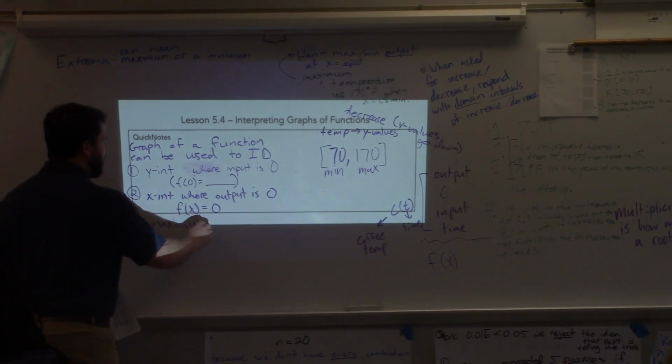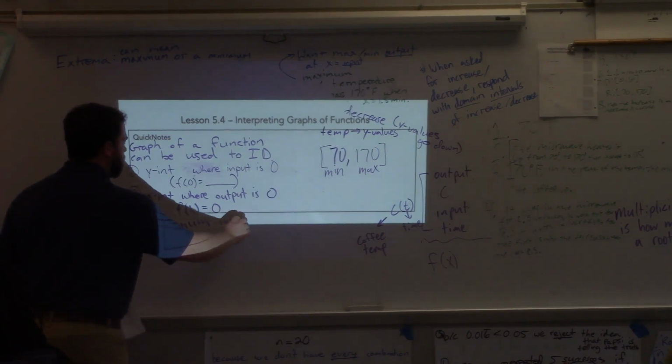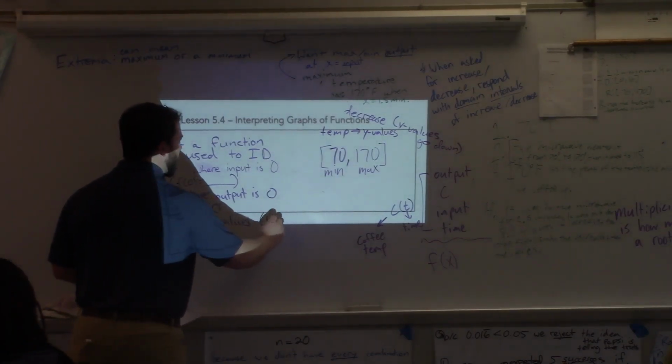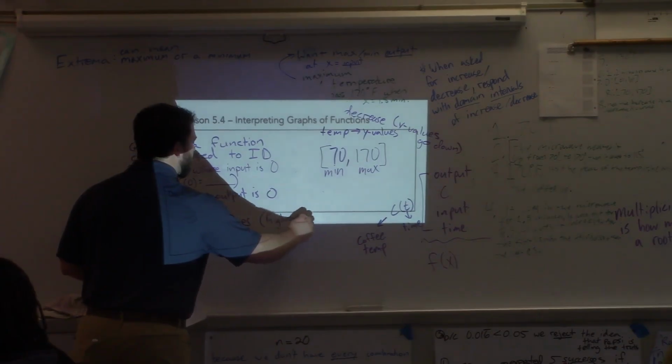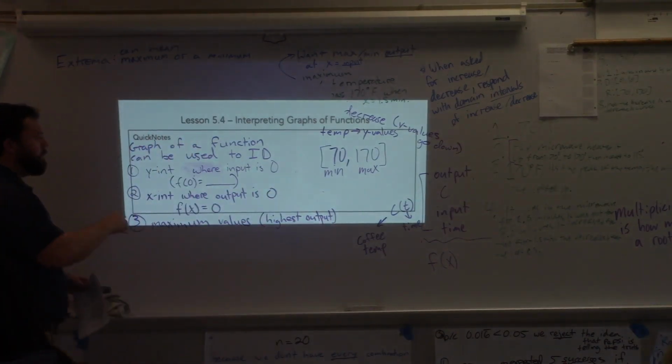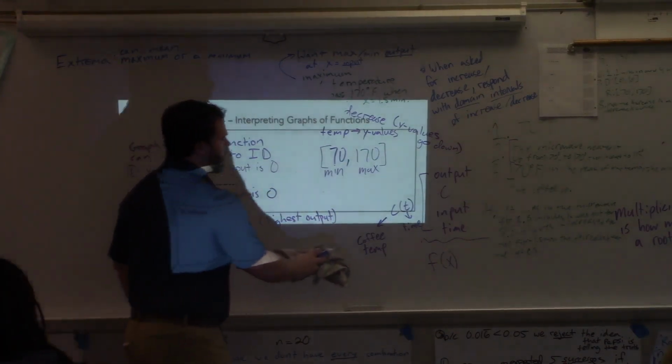So the maximum values. Maximum values are the highest output. How did we know on the graph when we had that maximum value? Because what did the function stop doing?